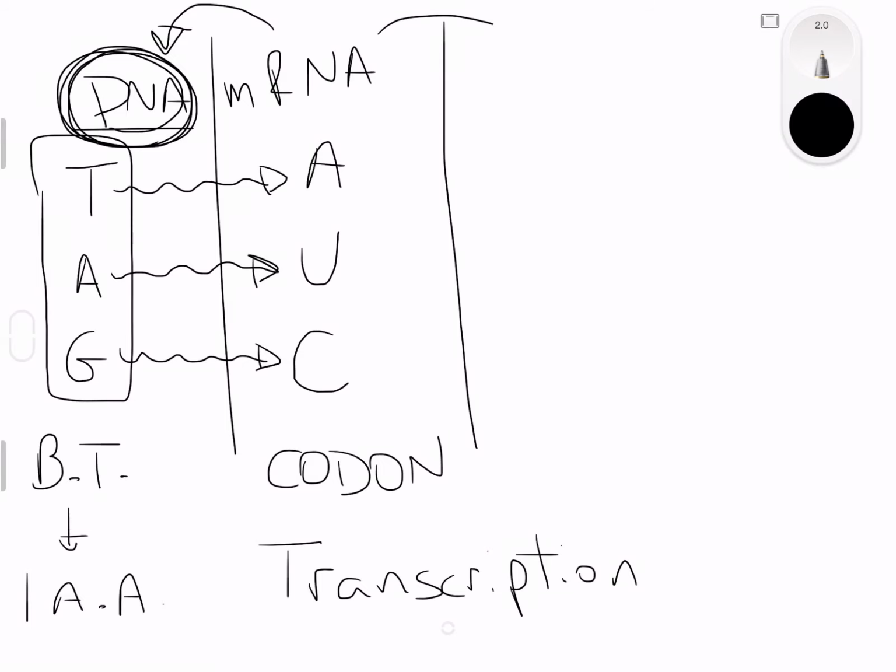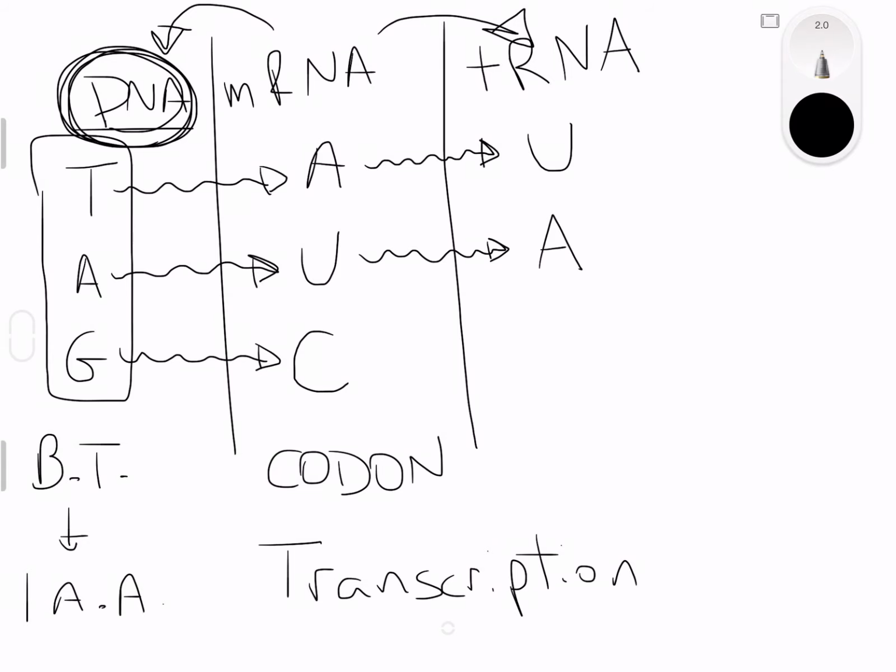The next step, step number 2, messenger RNA will call out for transfer RNA, and transfer RNA is going to do the same thing. It sees adenine, the law of complementary base pairing says it calls out for uracil. It sees uracil, and the law says it needs adenine.